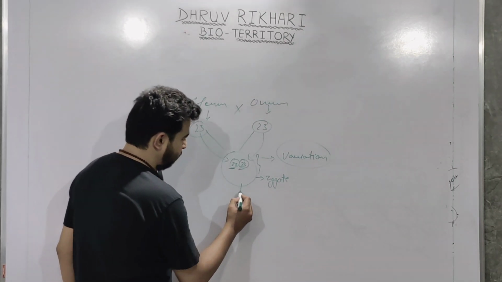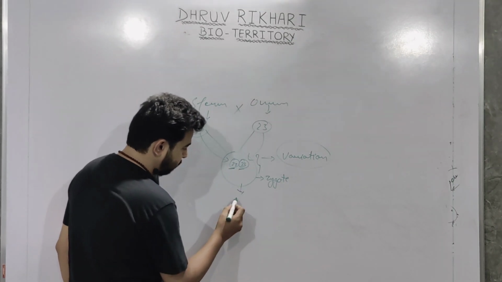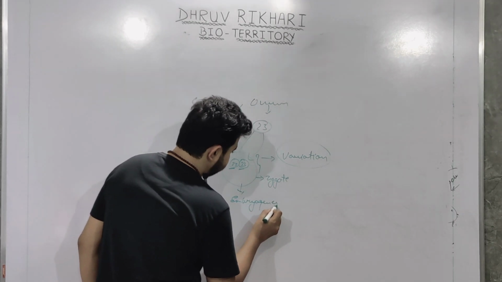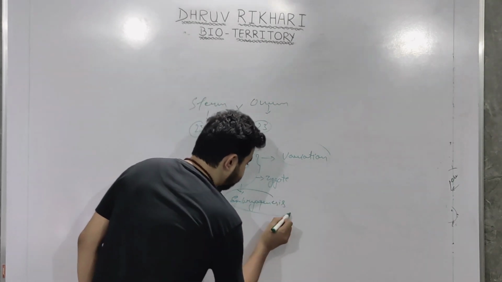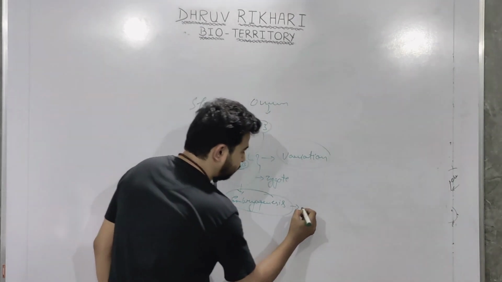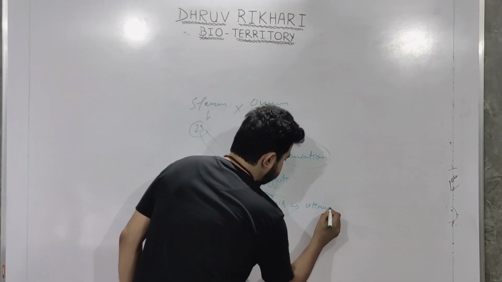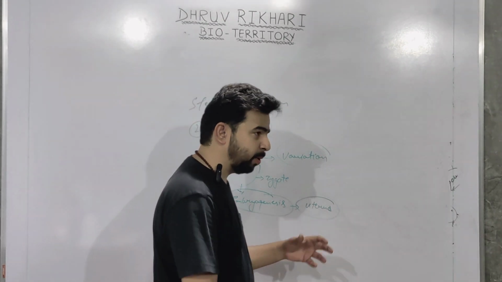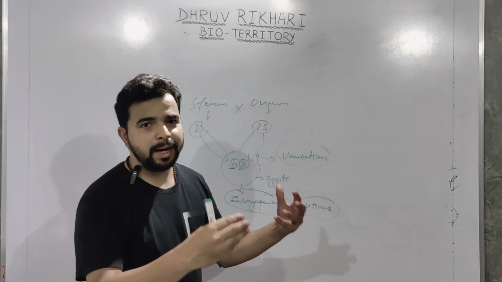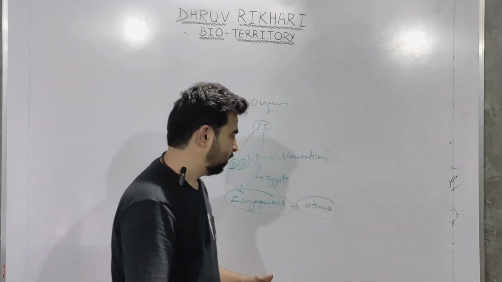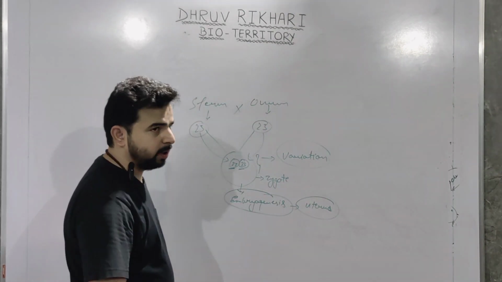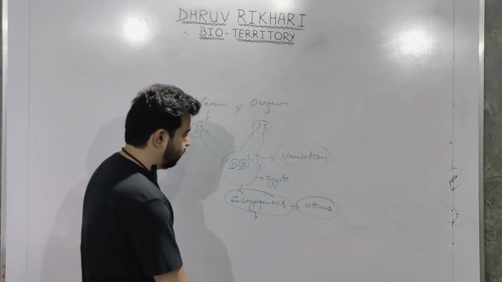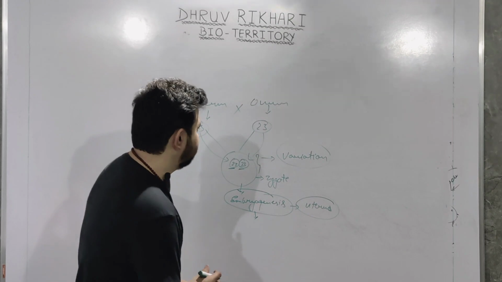Now further, this zygote will undergo the stage of embryogenesis, and this embryo will attach to the uterus, and now somatic growth and development will take place, where all the organs will be formed, and after 9 months the baby will be formed, right.